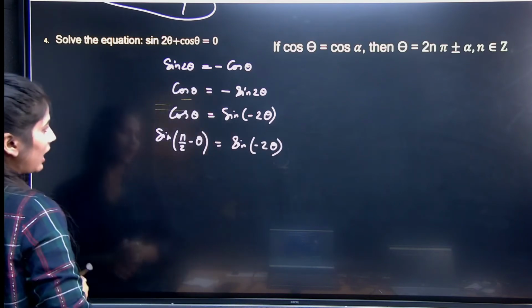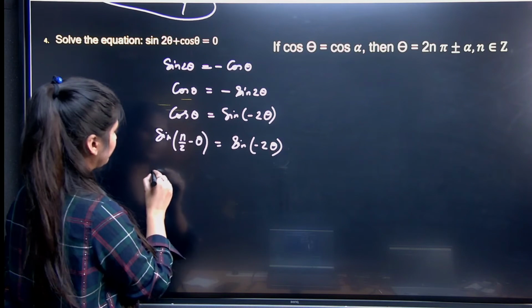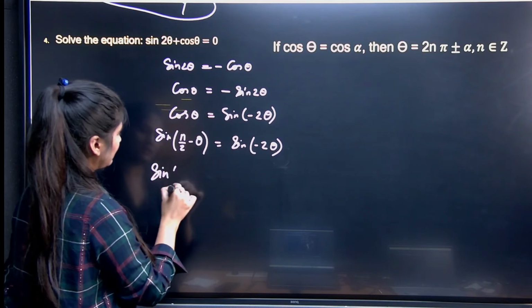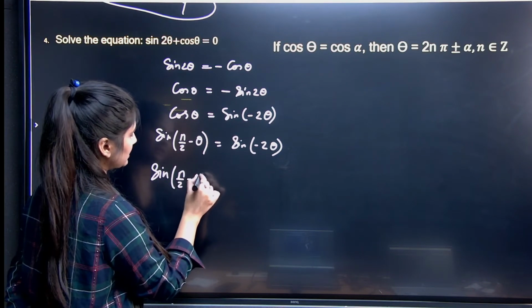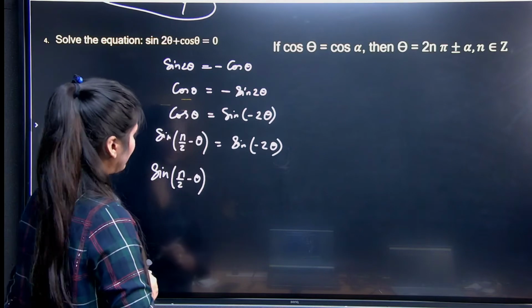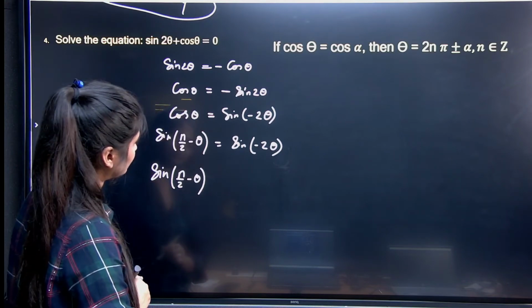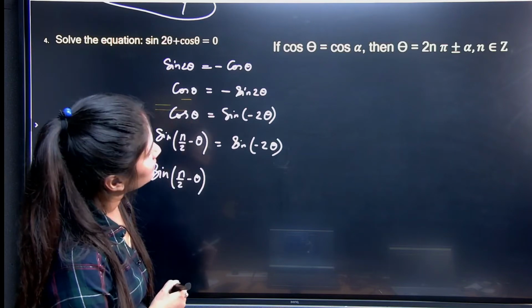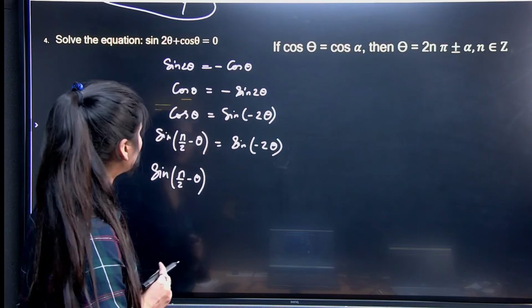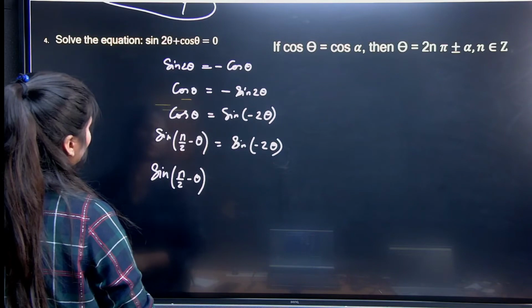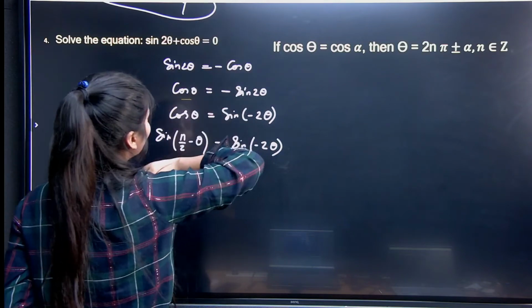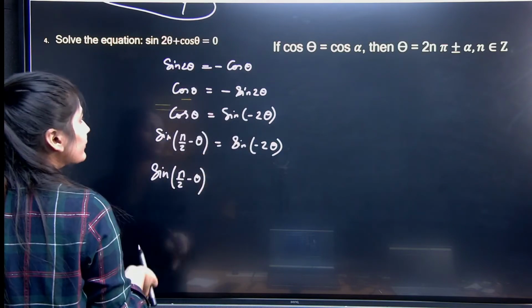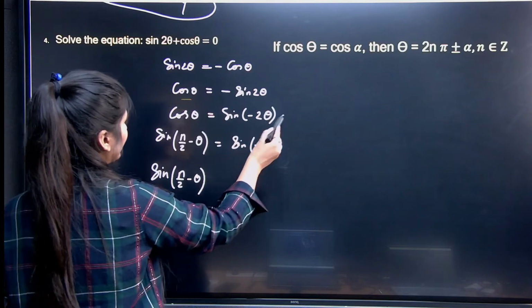Okay, now this is sine pi by 2 minus theta. Both are in sine, no? See, if I want to convert both of them into cos, then what we have to do here?